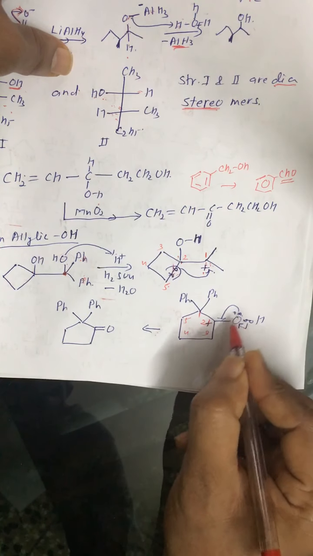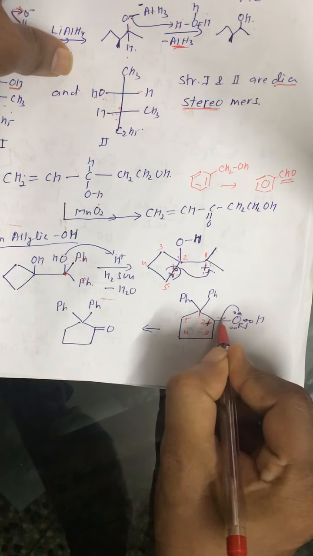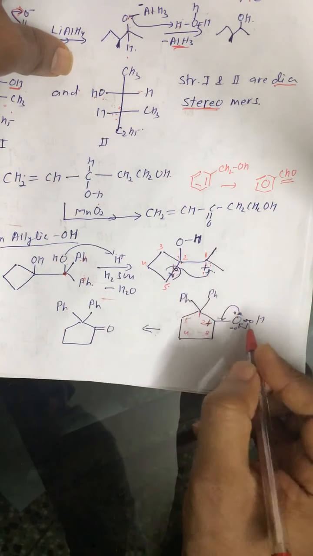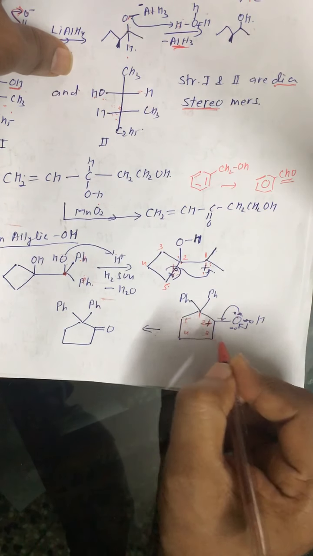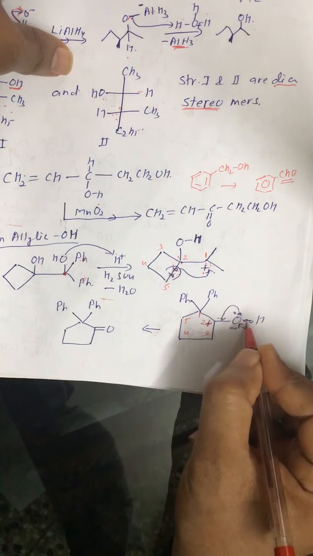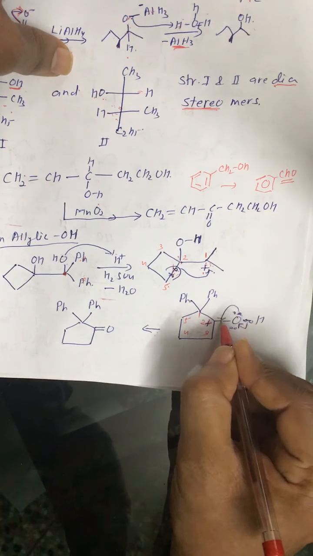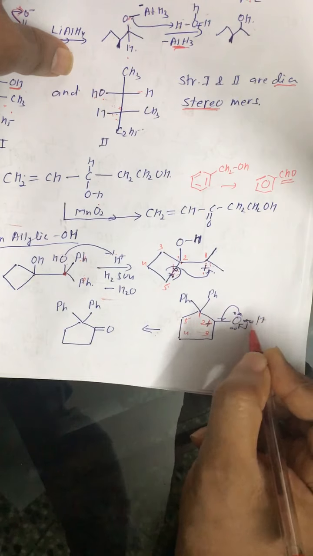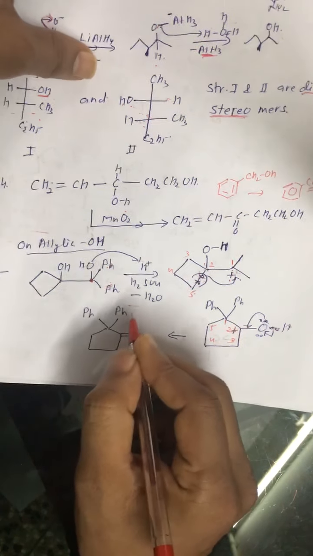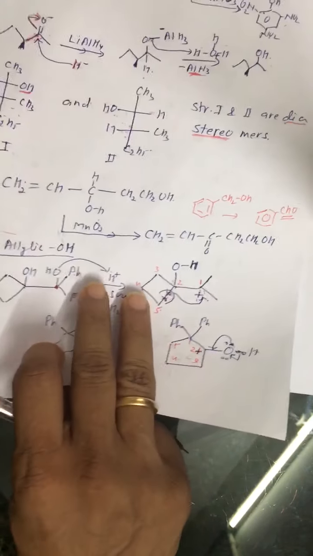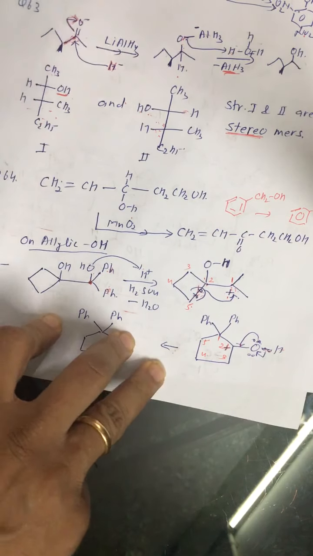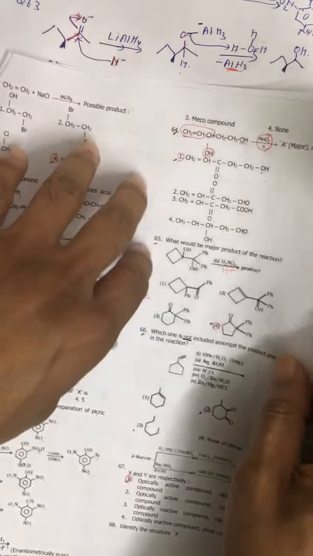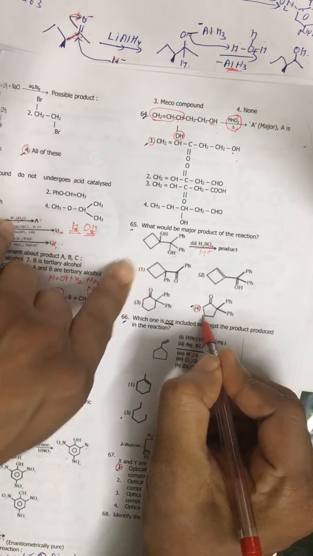This is highly stable because it can be stabilized by the lone pair. Finally, this electron pair moves here, and this hydrogen is removed as H positive, and we get the final product, 2,2-diphenyl cyclopentanone. This is a kind of pinacol-pinacolone rearrangement. Alright, fourth option, 65. Now look at question number 66.